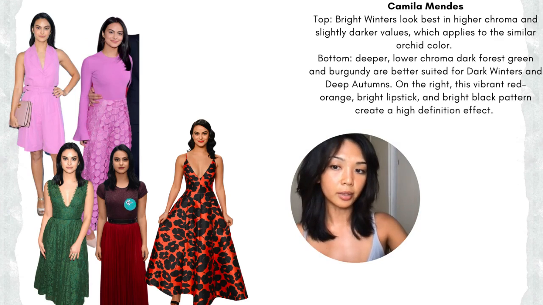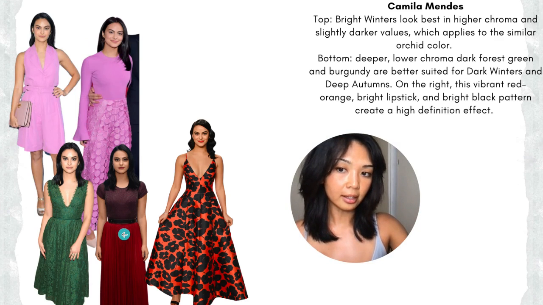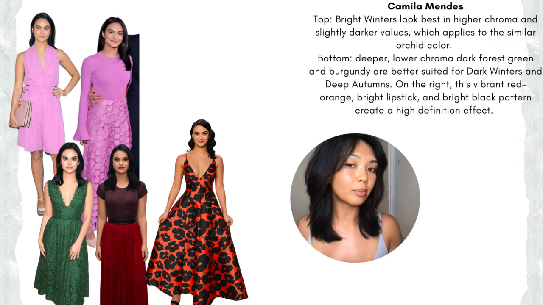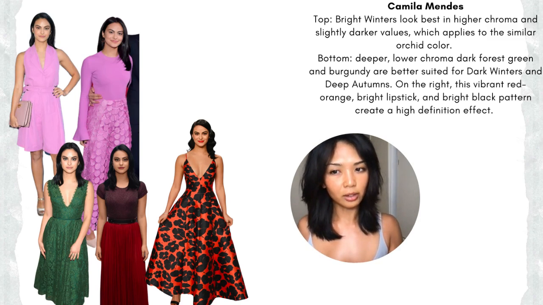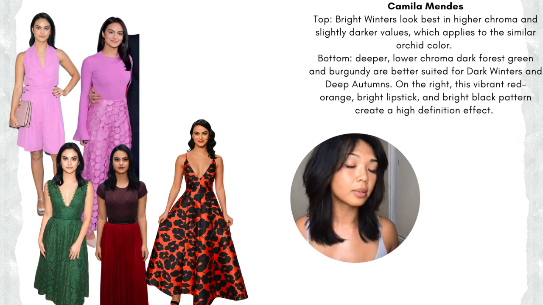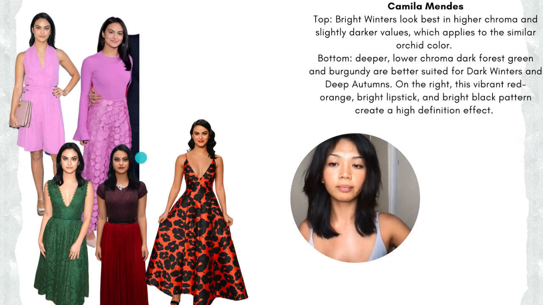Now on the bottom here, on the left and in the middle, we have colors that are cool, but they're deeper. I would say these colors are more appropriate for deep or dark winter and maybe deep dark autumn.